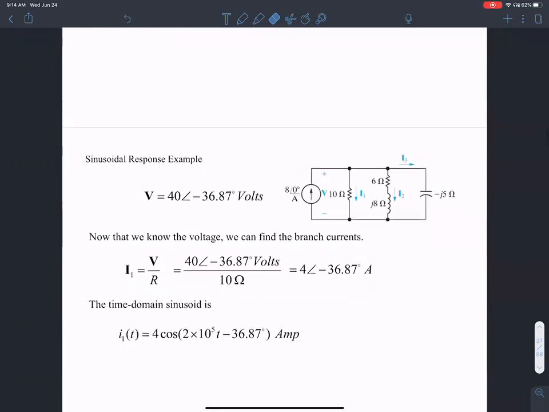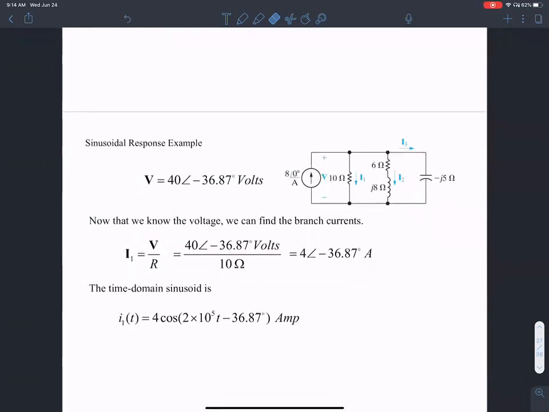Then we can find the different branch currents. The branch current I1 is simply the voltage applied across this resistance divided by R. So 40 angle minus 36.87 divided by 10 ohms is the current through this branch.